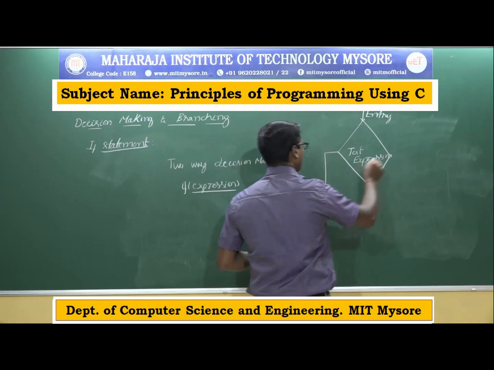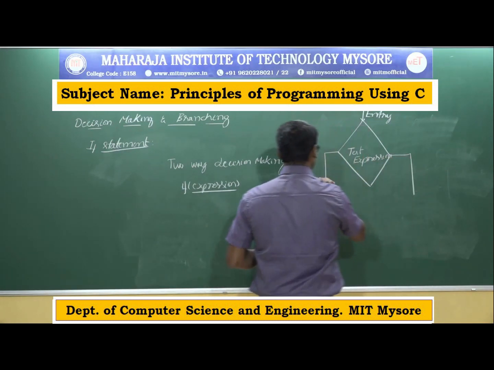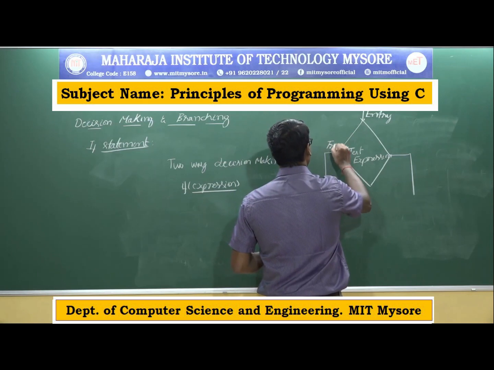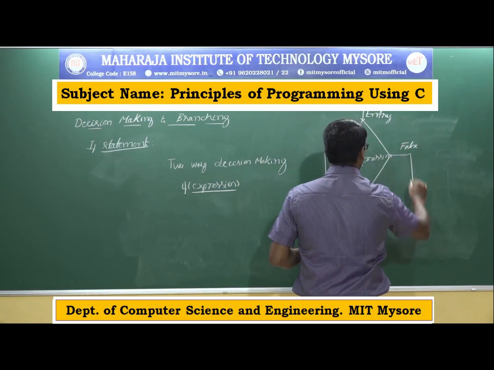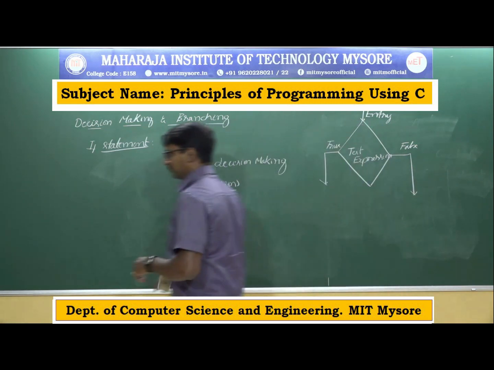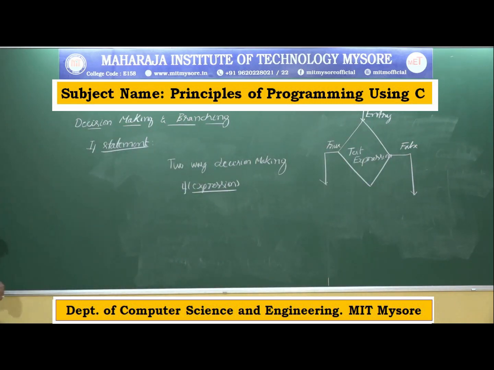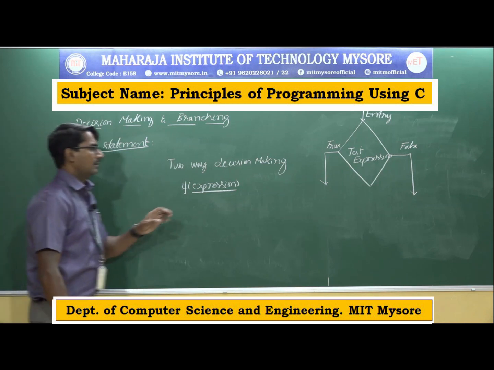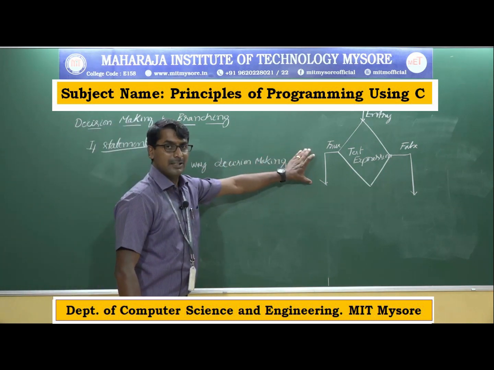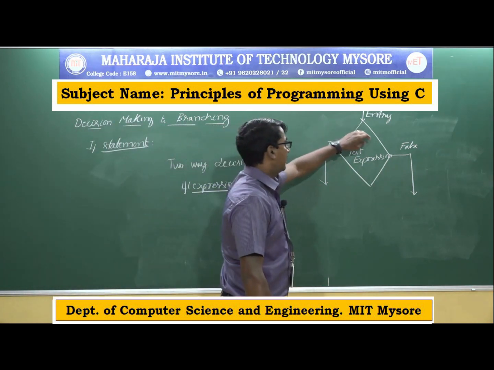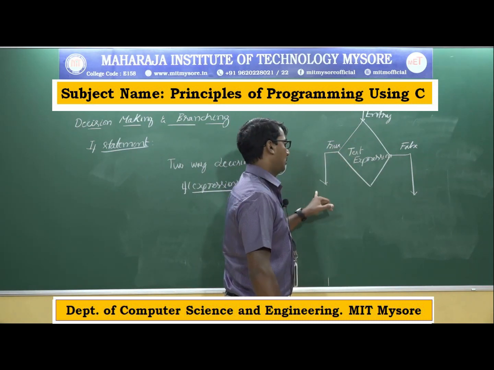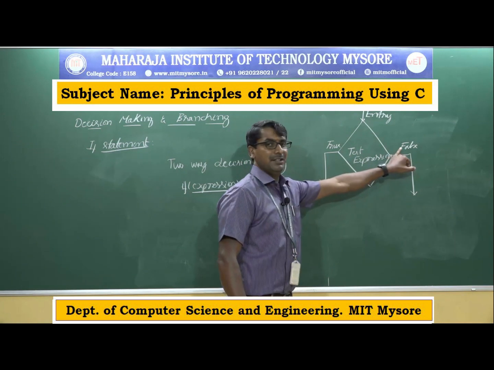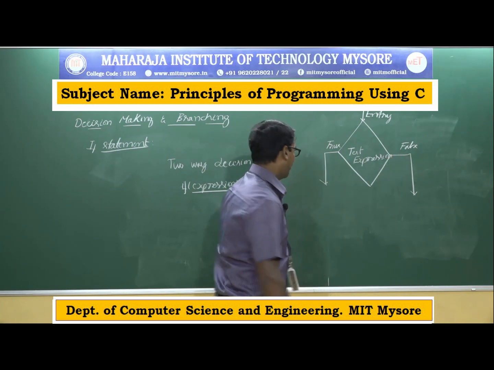In two-way decision making there are two possible ways: one is true, the other is false. The general flow of the if condition is entry, test expression; if the condition is true, the true branch, and if the condition is false, the false branch.